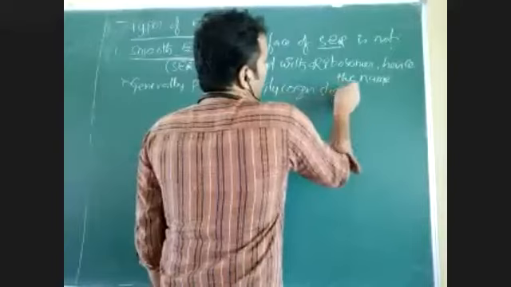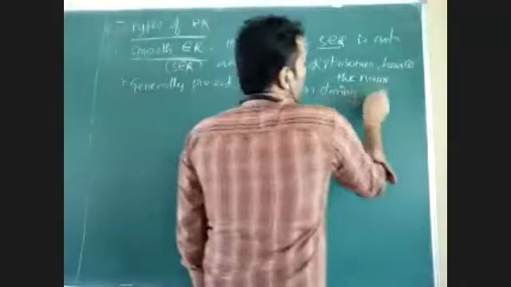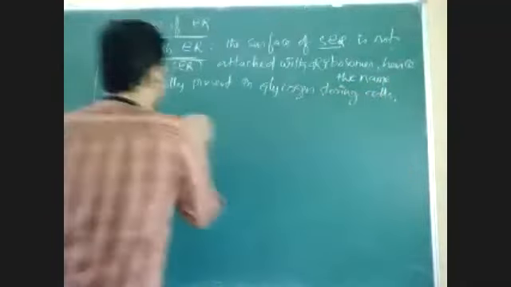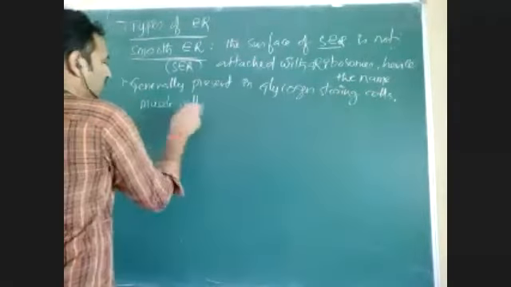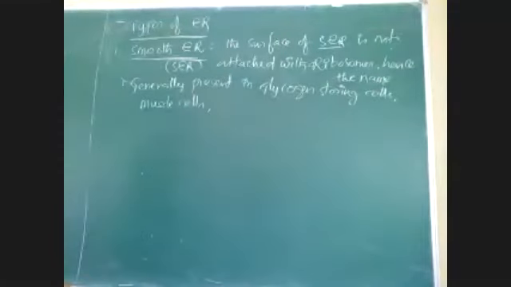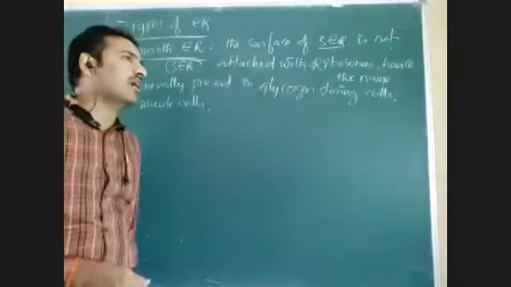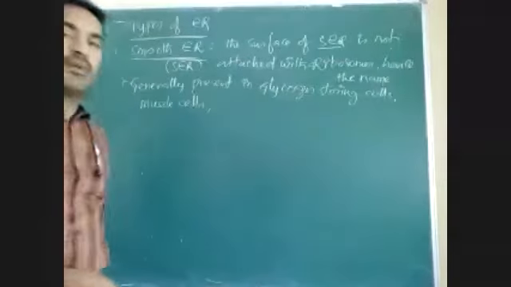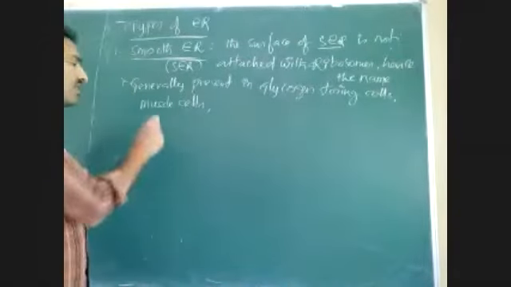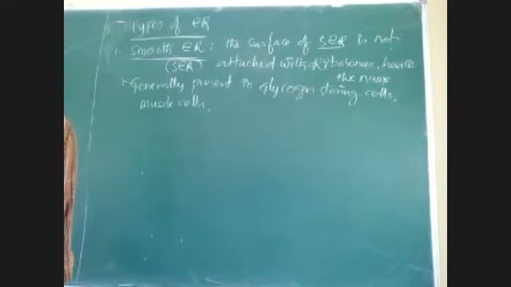Glycogen storing cells may be present in liver, adipose tissue, like that. Muscle cells, which are also called myocytes, and they are present in adipose cells also.